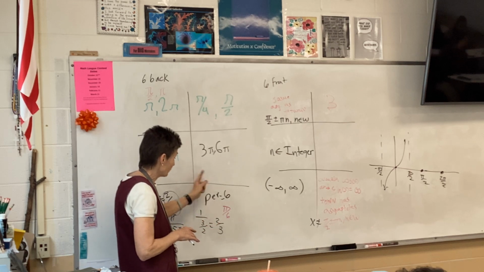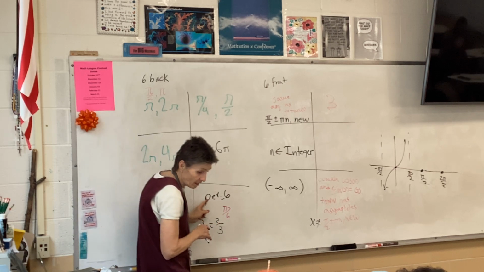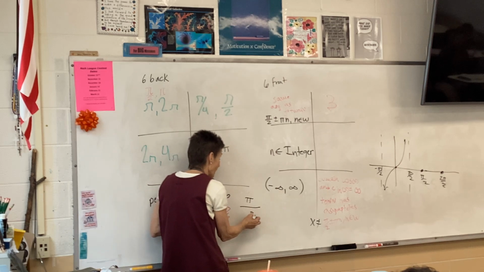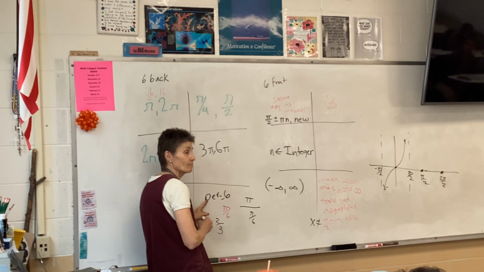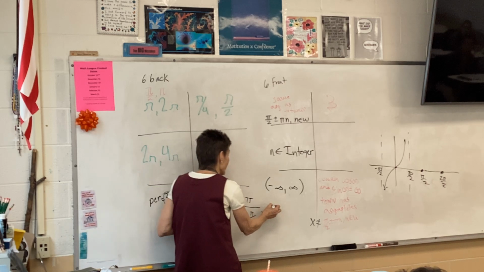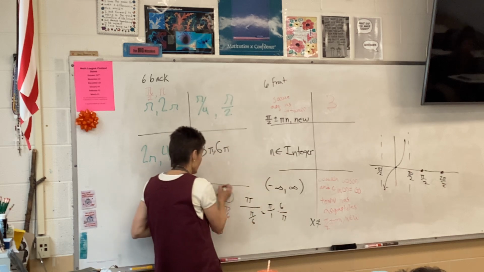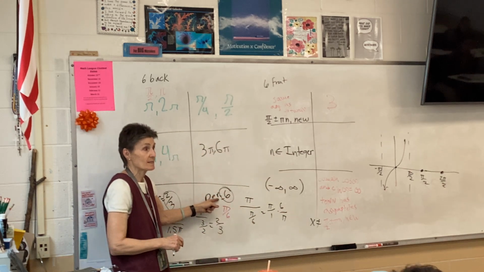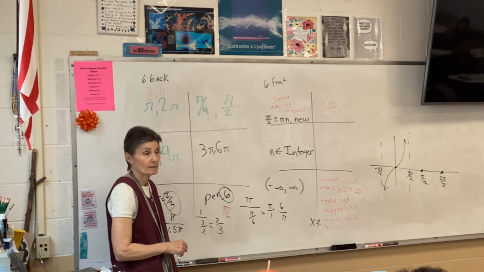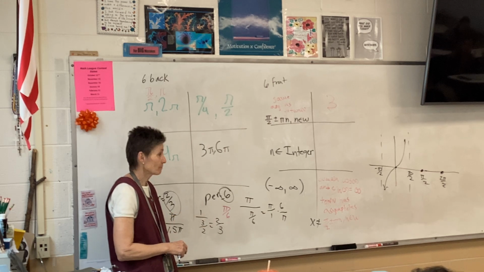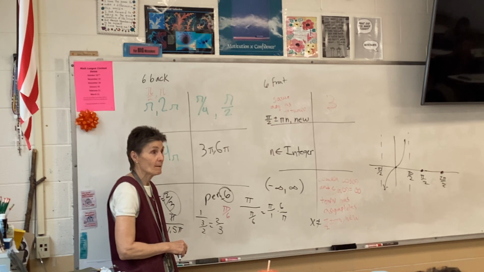This one, there was a little bit of conversation about. It's going to be pi divided by pi over 6, which is pi over 1 times 6 over pi. So whoever did that originally, that is the answer. 6 is the period. All right, Cole, you paying attention? Yes. All right, we good on all that?